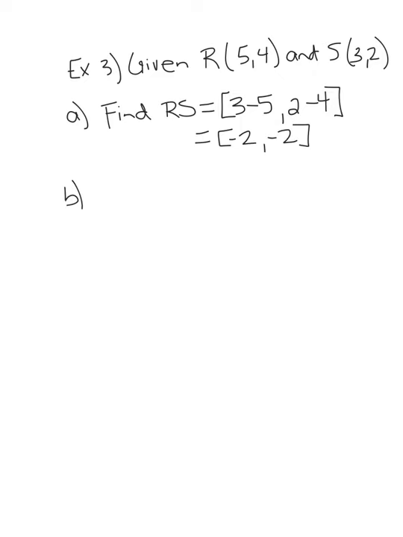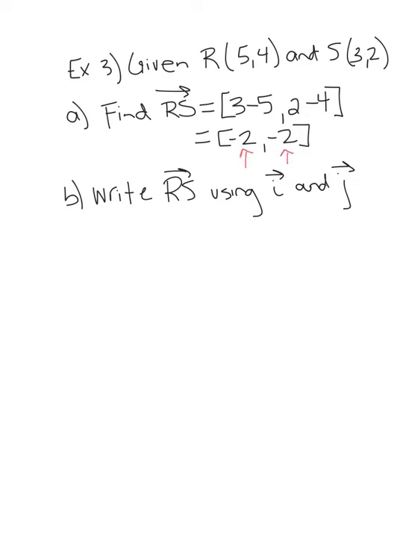And then in part B, I'm going to have you write vector RS, I should have had a vector sign there, sorry, using unit vector i and unit vector j. So when I look at this answer in A, I have a -2 in my x and a -2 as well in my y. So what I'm going to get is that vector RS is equal to -2i.